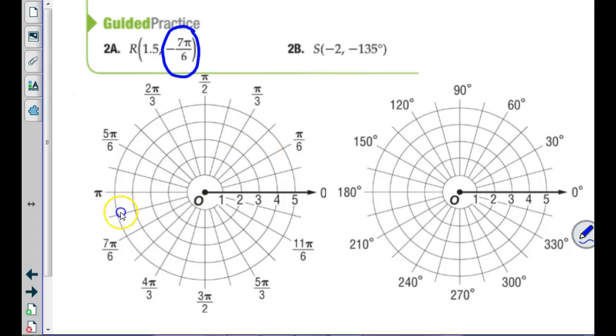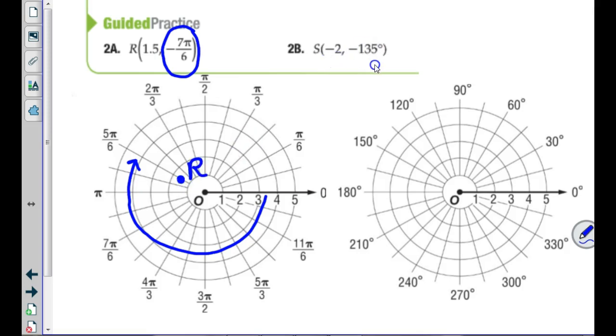So it was 180 and one more. So a negative 7 pi over 6 is going to go this way and one more. So you're on this line. Then what do I do? I'm on this line somewhere. I go out 1.5. So I'd be right here. That would be point R.